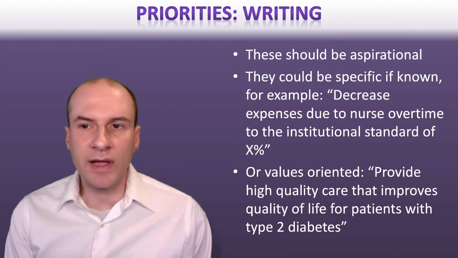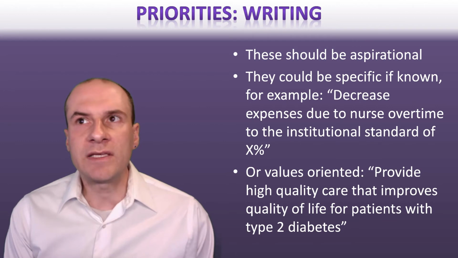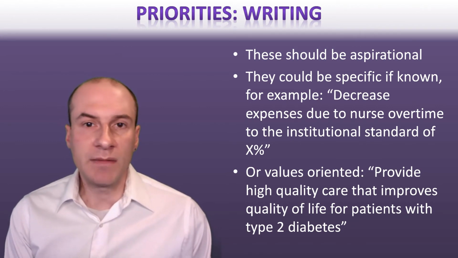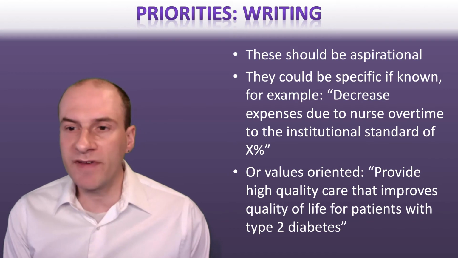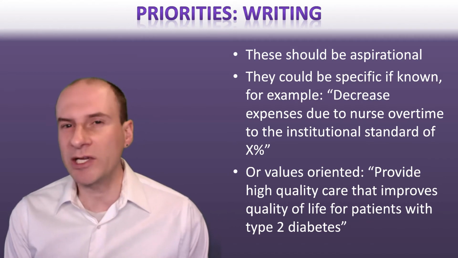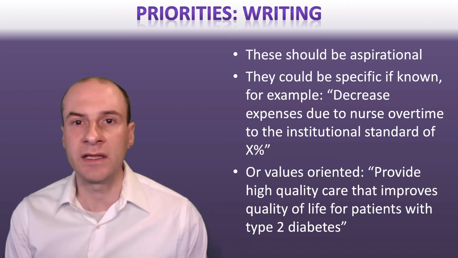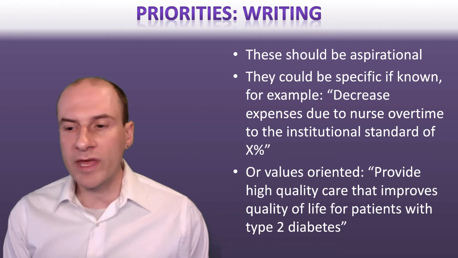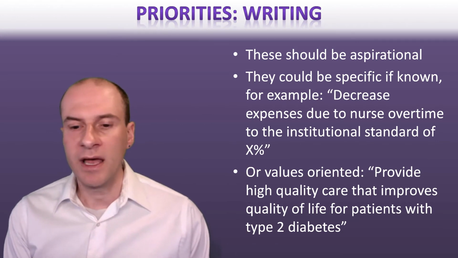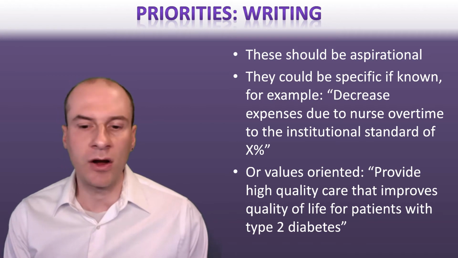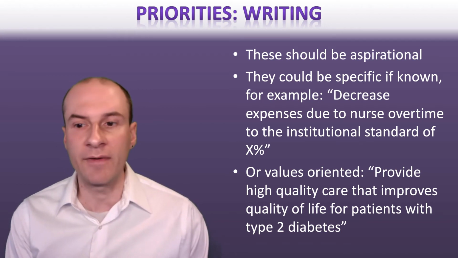All right, so how would you write this? You would write these priorities in more of an aspirational way. Sometimes these priorities will be a little more specific, in situations where you actually know exactly what you need and what the priorities would be for your institution, or they could be a little more values oriented and broad, about say quality of care or quality of life or things like that, right?